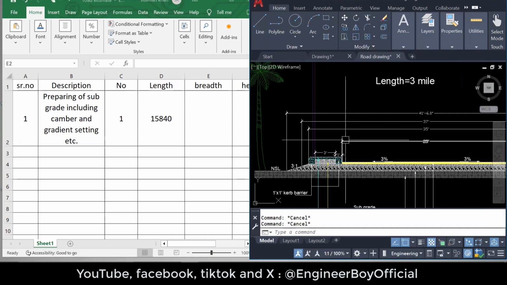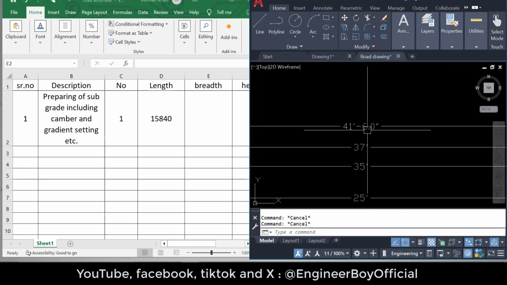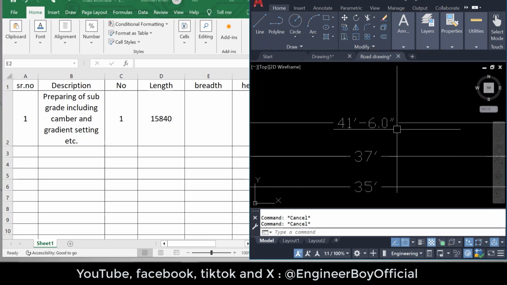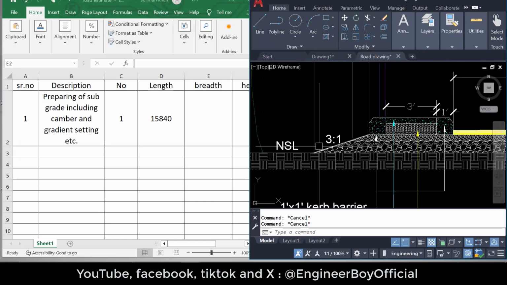Curb, footpath, side slope, side drain, and many more. So we have the land width, which is 41 feet and 6 inches. And this is the total up to the 2 point of this side slope.